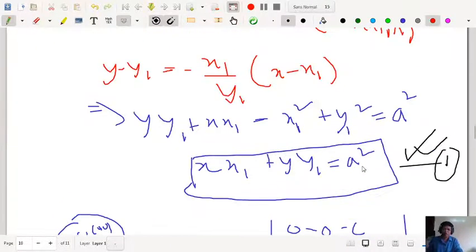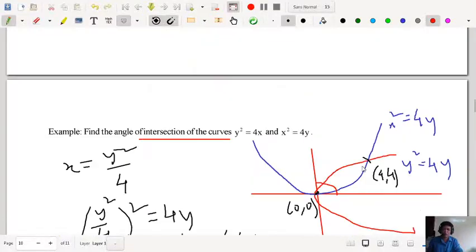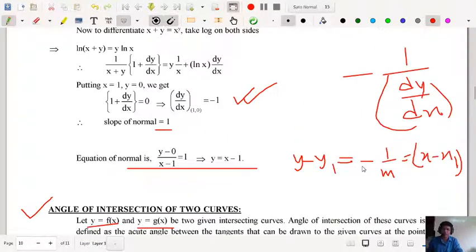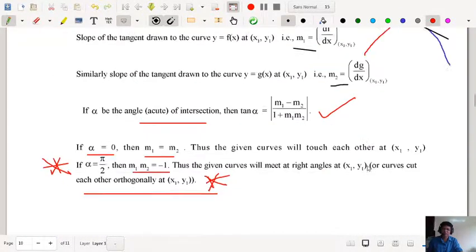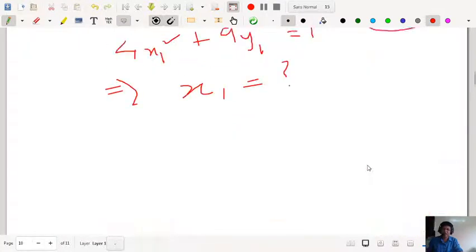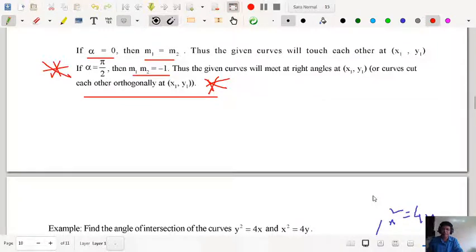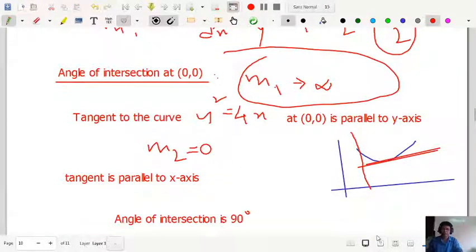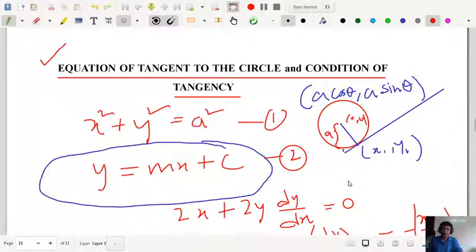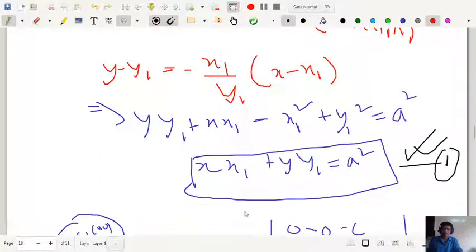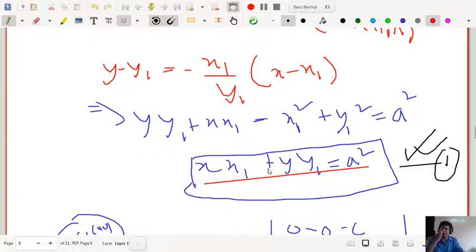Let us go there and verify x x1 plus y y1 equal to a square or not. Yes, I think it is okay in the circle page. Yeah, look at that equation 1. This is the same as what I have written over there. So this is the direct way and this is by calculus.